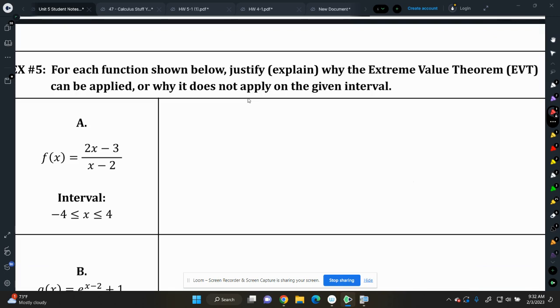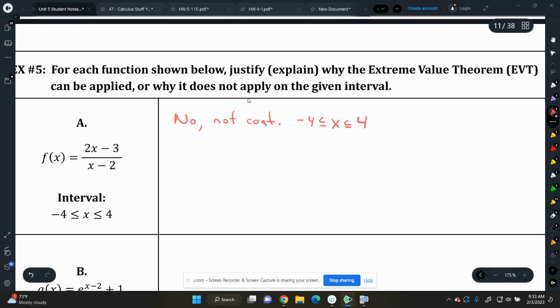No, because it's not continuous. Right, because at 2 it's going to be undefined. Yeah, it's not continuous on the interval between -4 and 4. Okay?